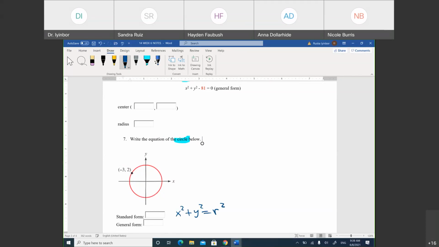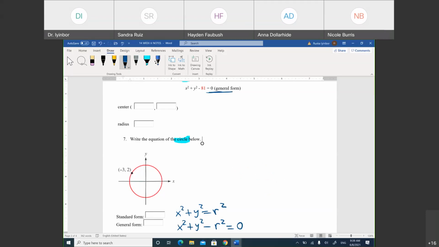And the general form is equals 0. So if I move r over, the equation becomes x squared plus y squared minus r squared equals 0. It's the same equation, just move everything to the same side, equals 0, and it's going to be a general form. Okay?